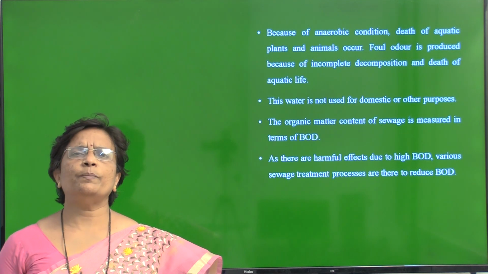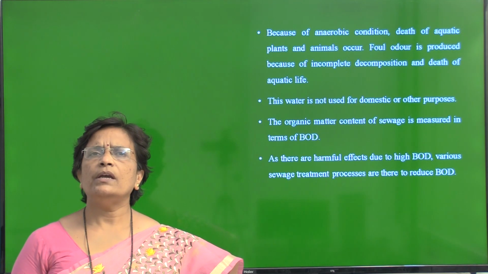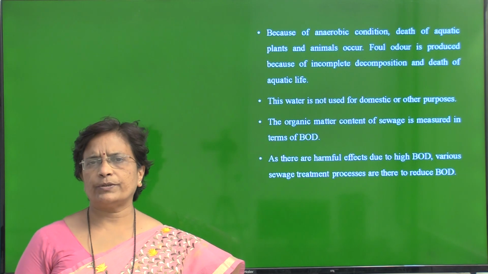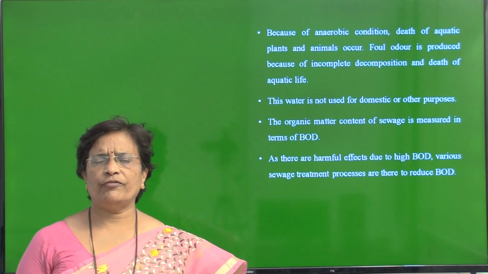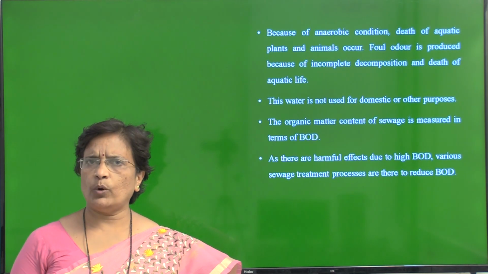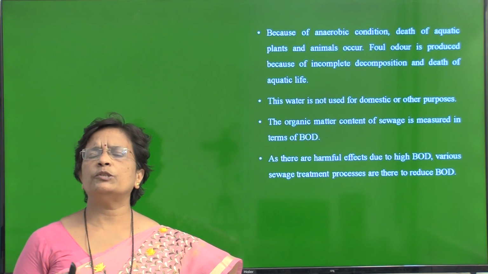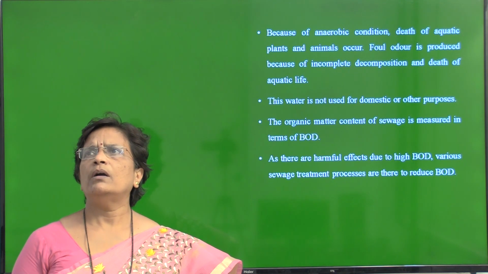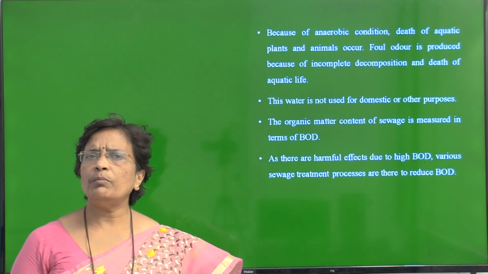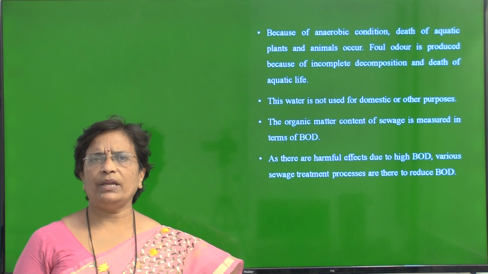As oxygen present in the water body is completely lost, all the life present in that water body, the aquatic plants and aquatic animals, means the flora and fauna of that water body, is damaged.